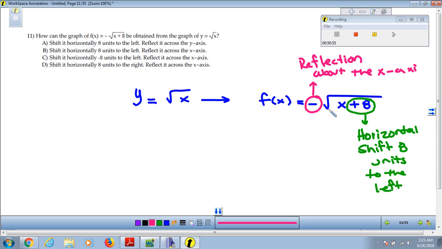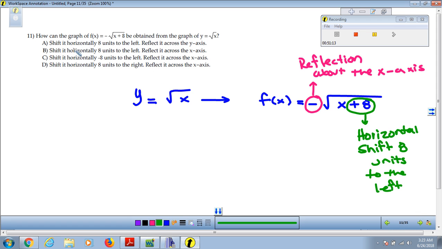How do I know? Look at the formula chart that you have for transformations, and when there's a negative in front of the function, in this case in front of the square root function, it's a reflection over the x-axis or about the x-axis. So what answer choice would that be?